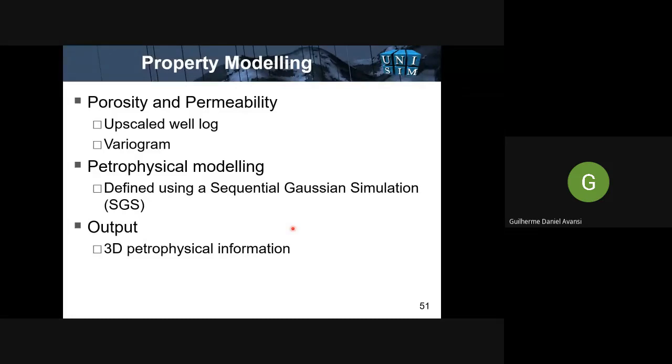We have the upscaled well logs, we also have the variogram, and we use a different algorithm because we are now talking about porosity, and porosity is not discrete information. So we need to use another algorithm, a stochastic algorithm, that is the sequential Gaussian simulation. And as output, we have the 3D petrophysical information.